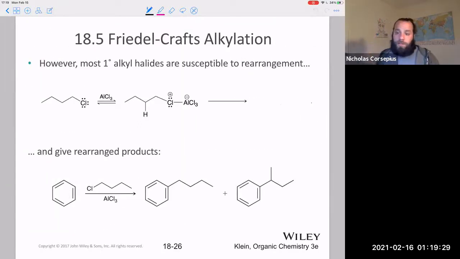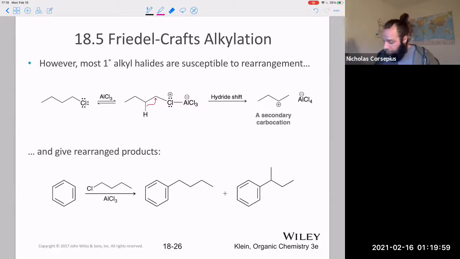This only works though, in terms of using primary alkyl halides, if you use those very simple ones. If you use anything more complicated, what can happen is you form your complex here, but this hydrogen is going to reach over and you're going to get a hydride shift that occurs in order to generate your more stable secondary carbocation, right? So that's the problem with using anything that's any bigger than methyl or ethyl.